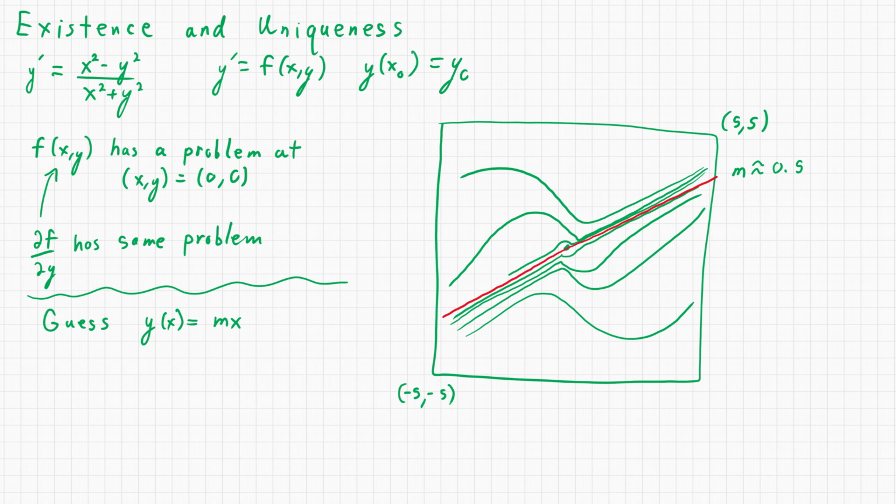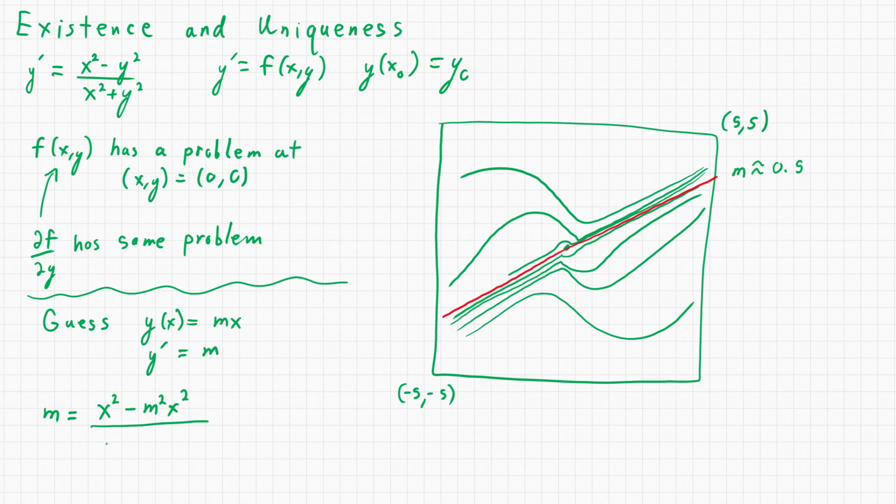So what ends up happening is y prime is going to equal just m. In this equation, we have y prime on one side, so we end up with m equals x squared minus y squared, so x squared, but y was mx, so I have a minus m squared x squared.